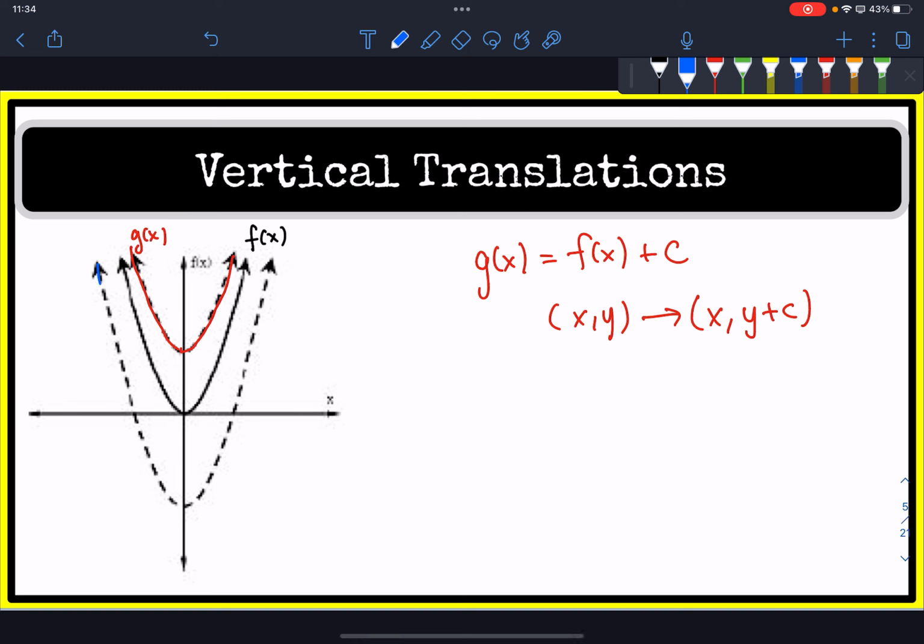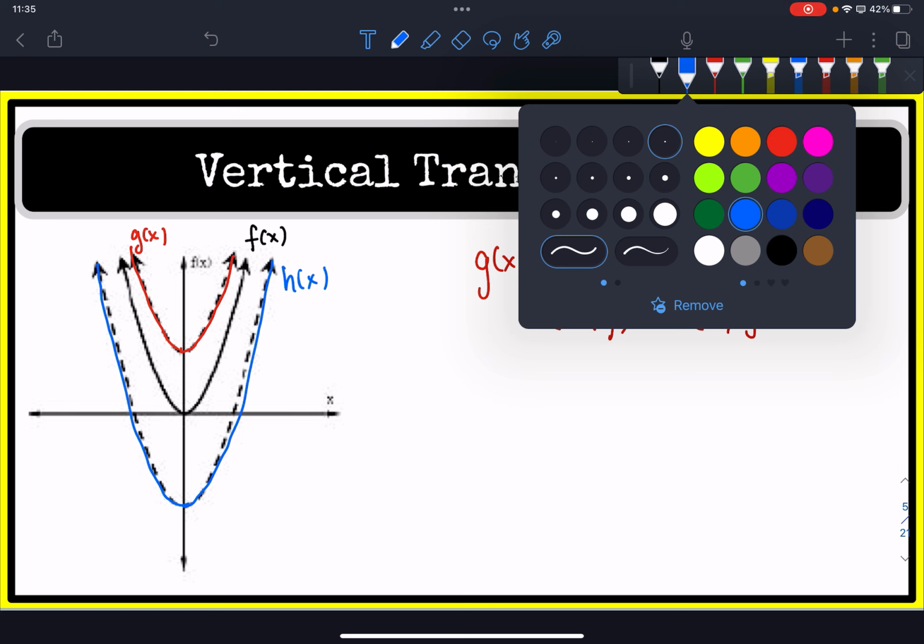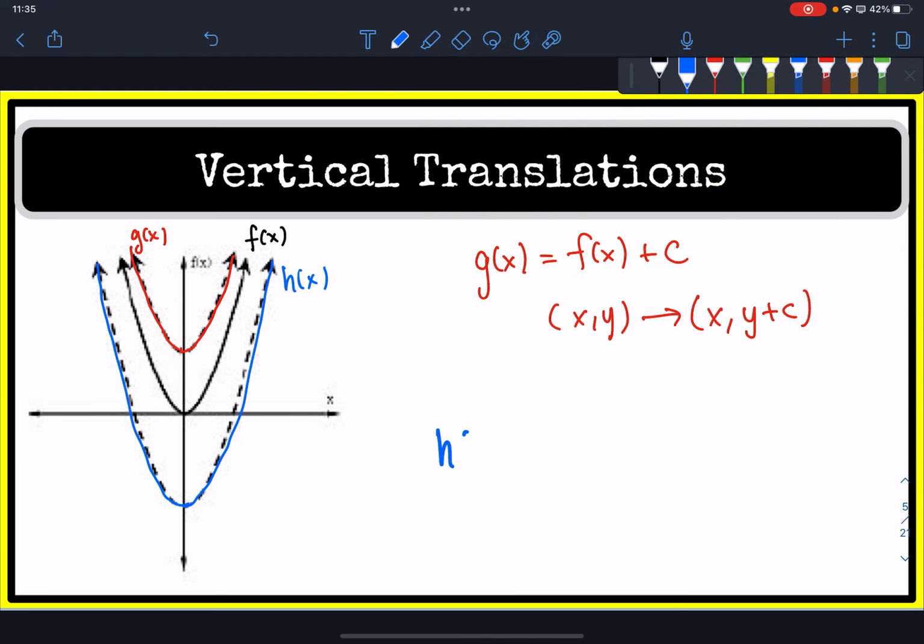Now, to slide the function downwards, to this graph, which we'll call h of x, h of x is the result of subtracting a constant from the function itself.